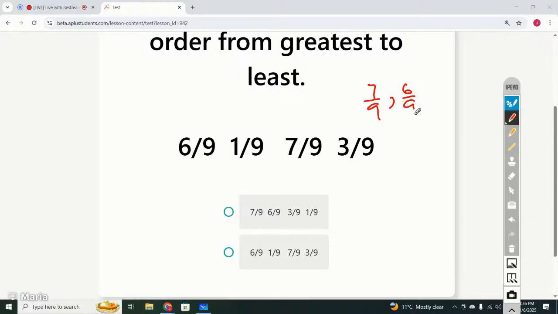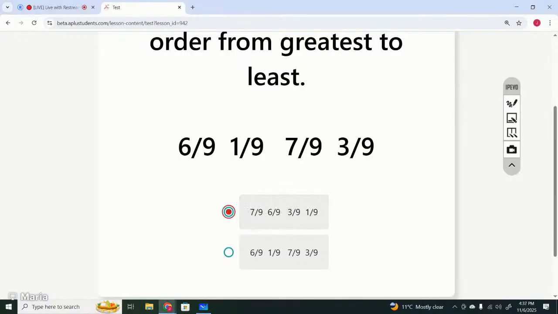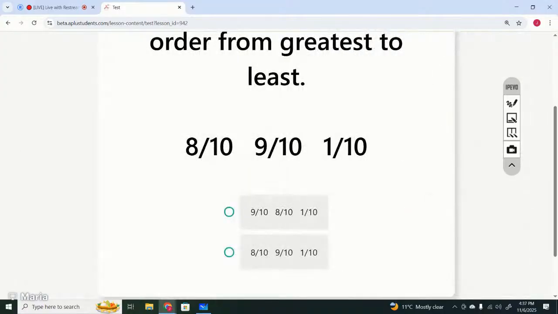So 7 over 9, then 6 by 9, then 3 by 9, and 1 by 9. Option number 1 is the correct option.